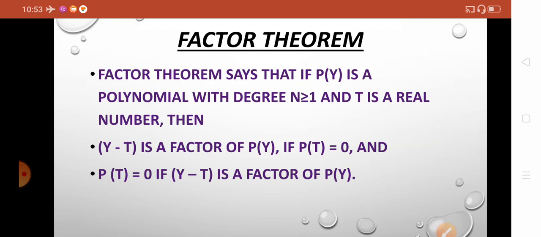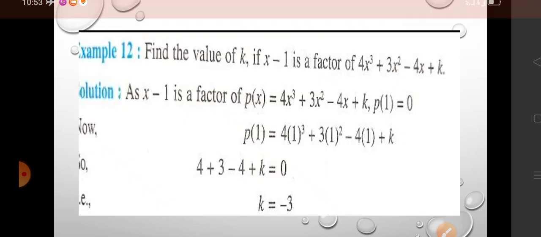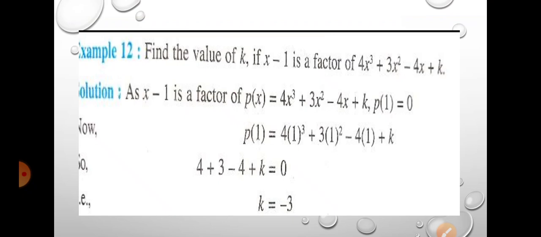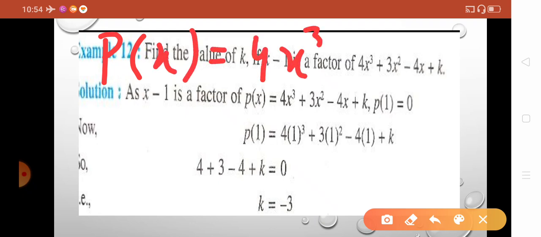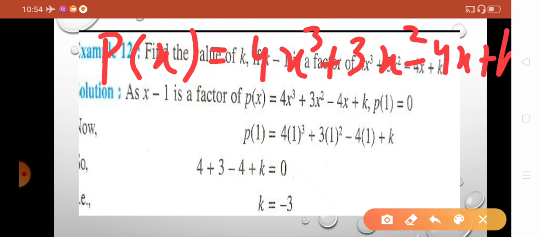So let us move to our first example. Example number 12, given in your textbook. You have to find the value of k if x minus 1 is a factor of this given polynomial. Here we have p(x) equal to 4x cube plus 3x square minus 4x plus k, and it is given that x minus 1 is a factor.